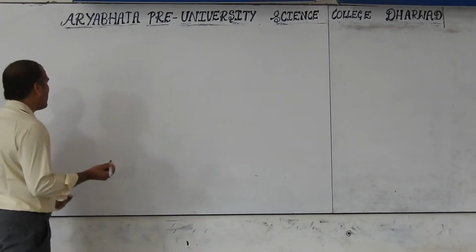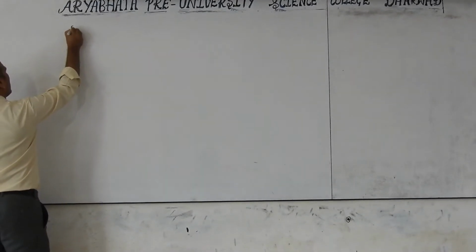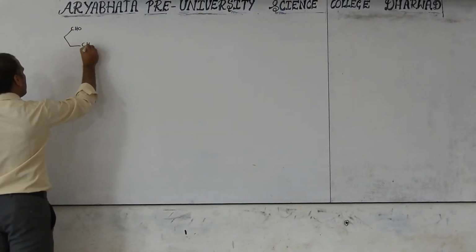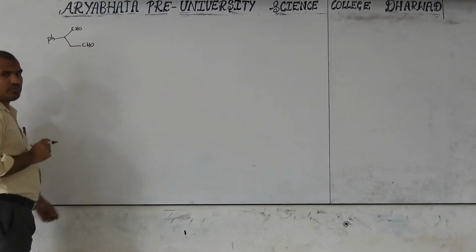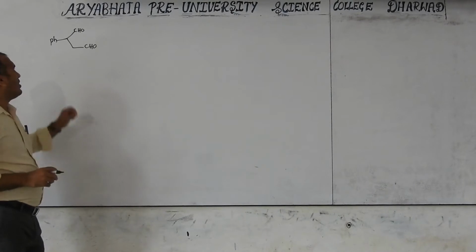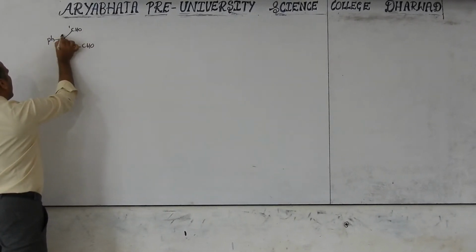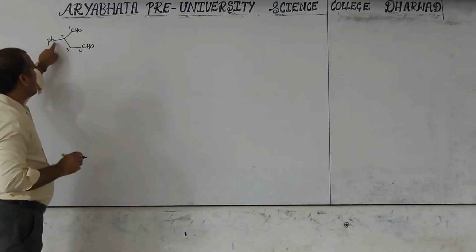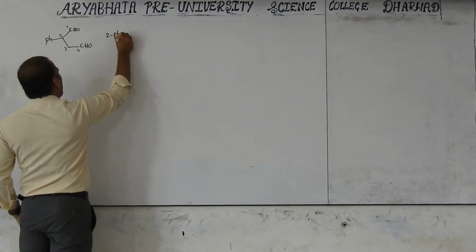In the last class I gave one example, CHO with a phenyl group. For this, the IUPAC name: this is the first carbon, second, third, fourth. The second position has a phenyl group, thus it is called 2-phenyl.